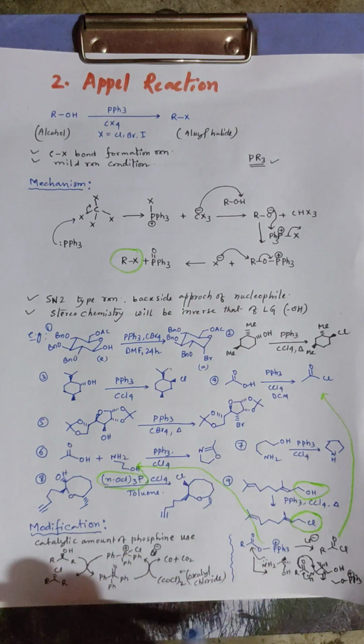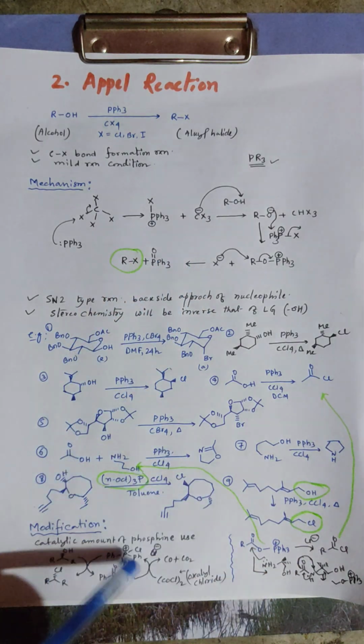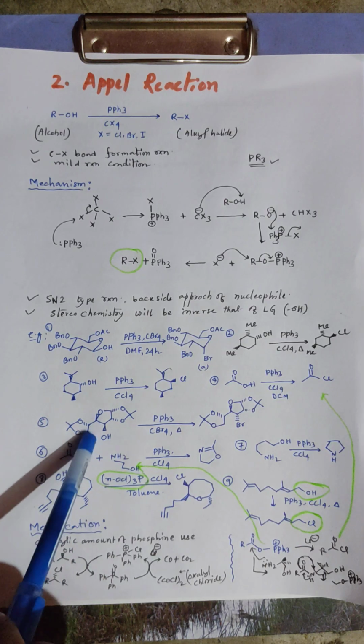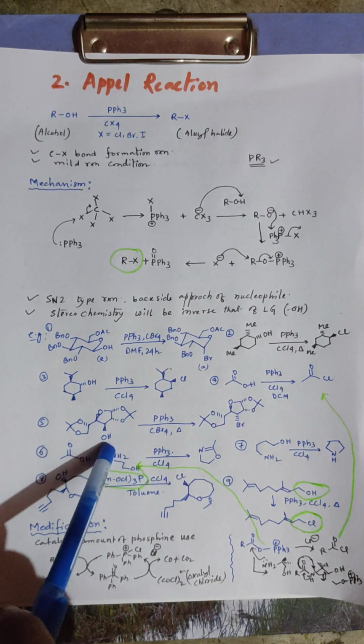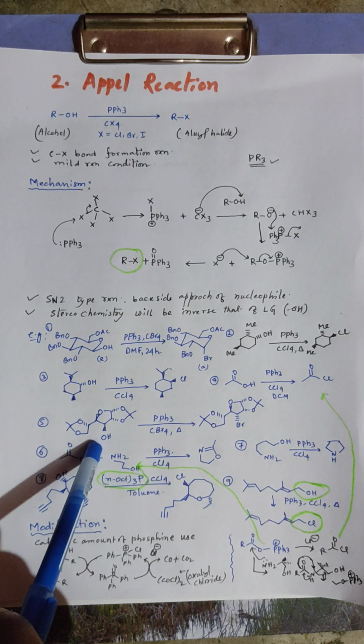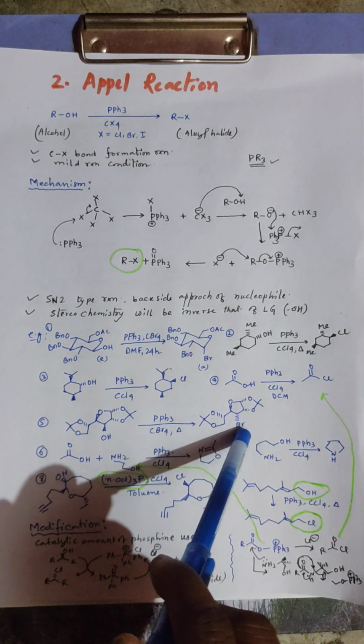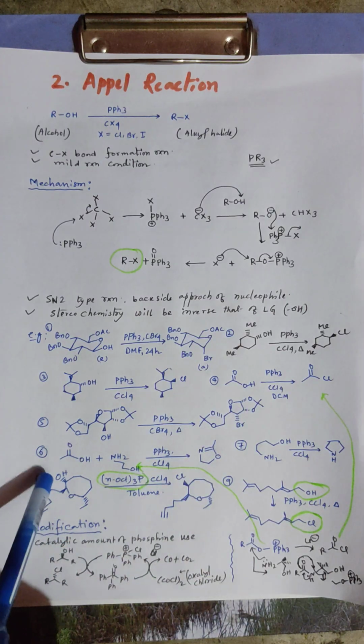The POPh3 leaves out in the same way. And this is reaction 5, where the stereochemistry of the hydroxyl was upward. Now in the product, the alkyl halide, the bromine, is on the downward face.